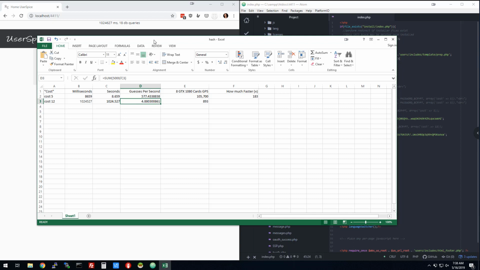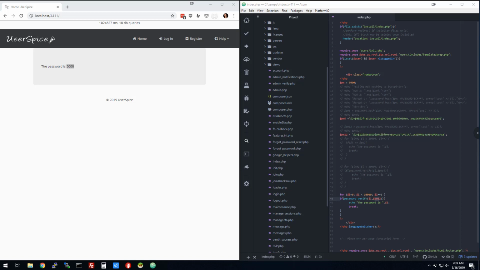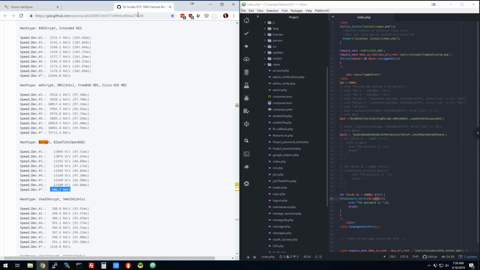Now, what I've done, and this kind of explains why I chose a cost of 5 for the first test, is I found some people that were trying to use Hashcat, which is something that they use to speed up hash guesses with GPUs.